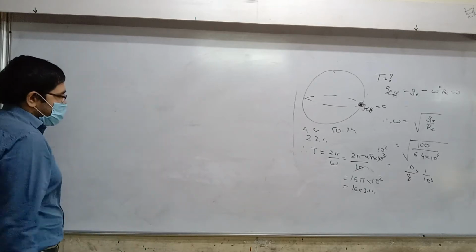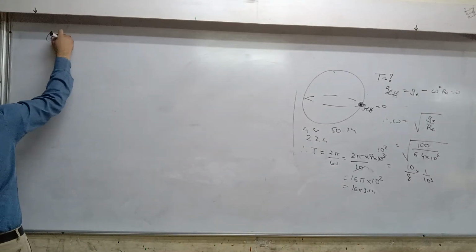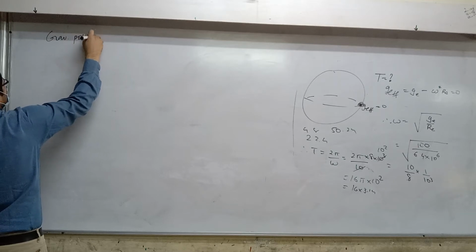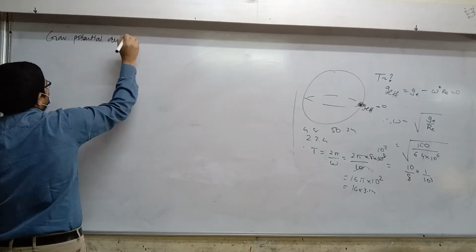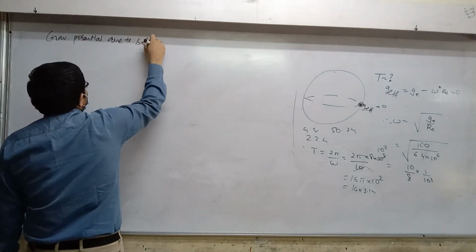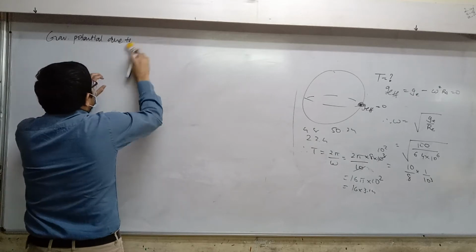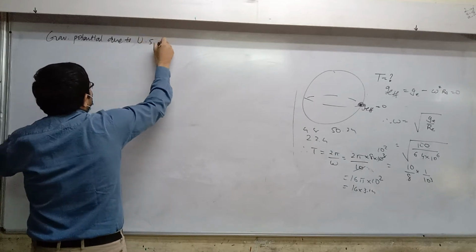So now gravitational potential due to a uniform solid sphere.